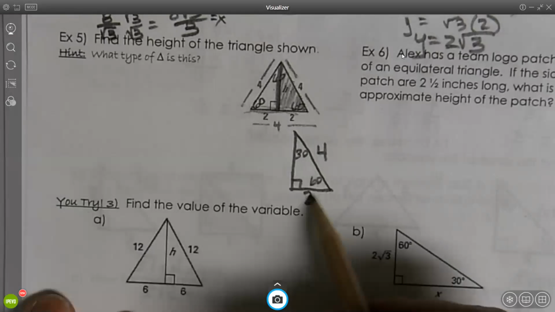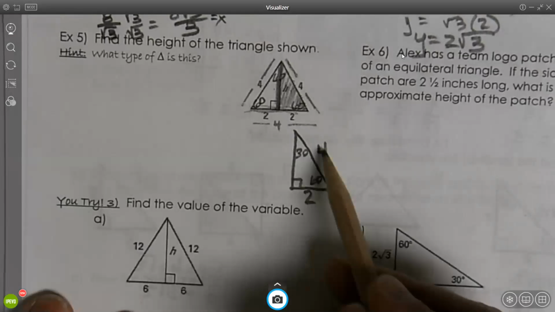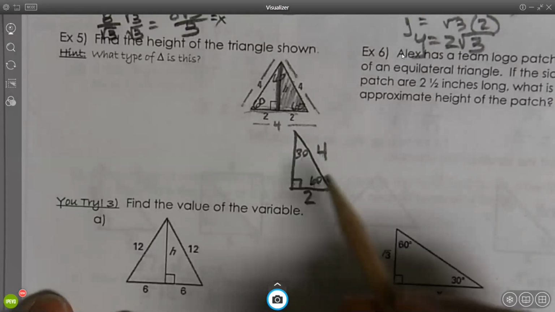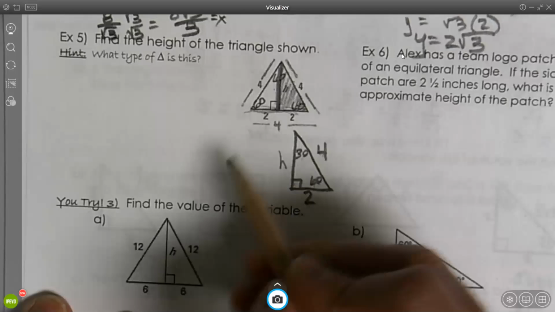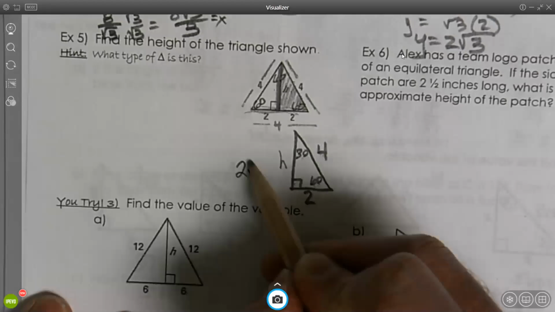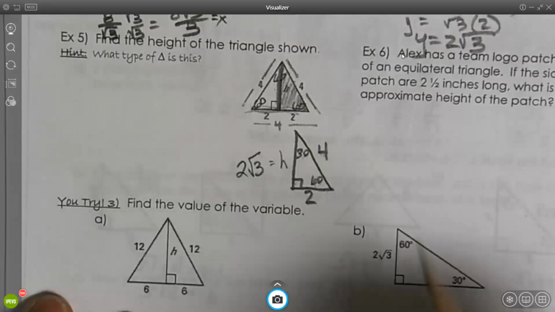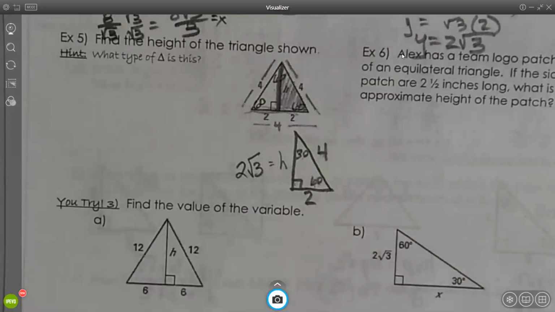Or you notice it's a 30, 60, 90 triangle, and the height is going to be the short leg times root 3. You don't have to do Pythagorean theorem at all. You just take the short leg, because this has to be a 30, 60, 90 triangle. That's the key. It has to be a 30, 60, 90 triangle.